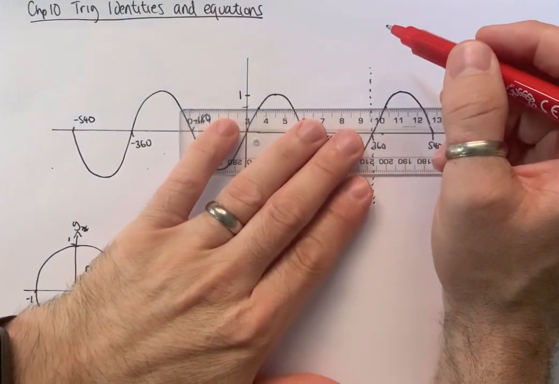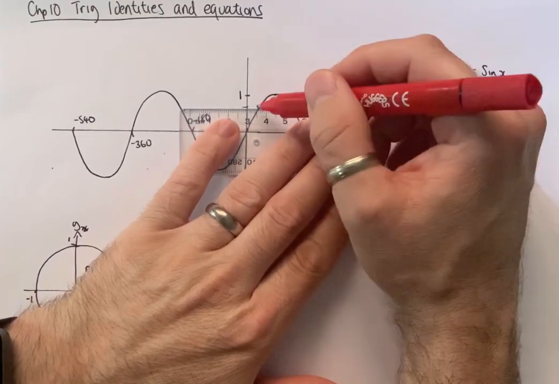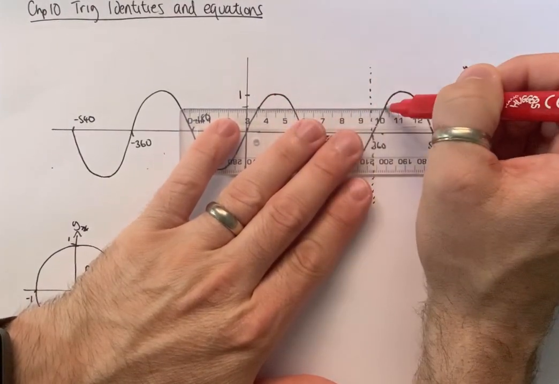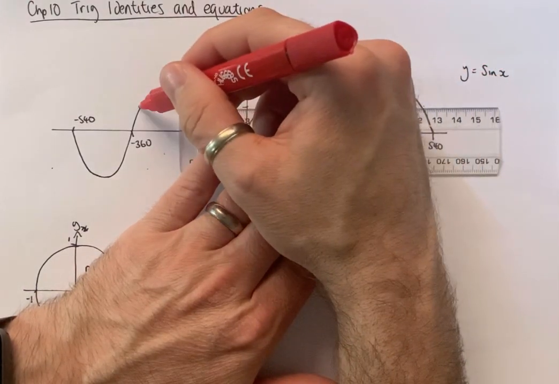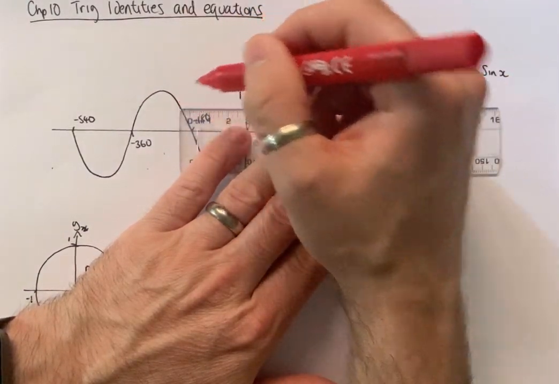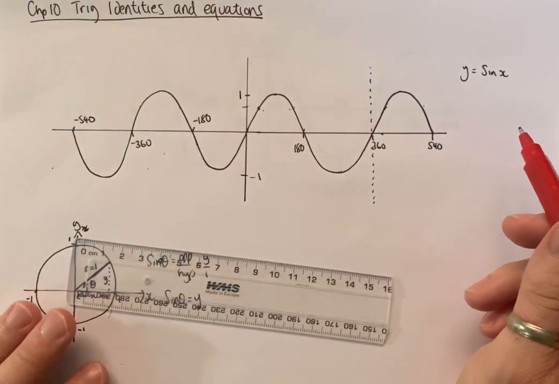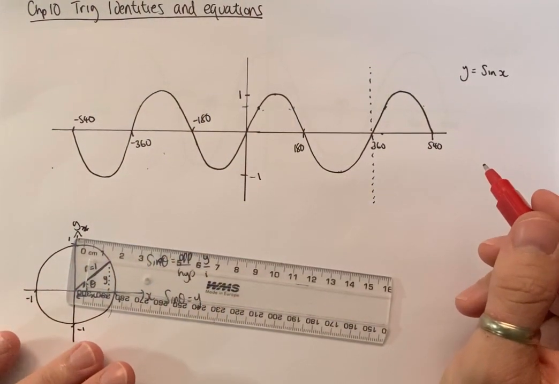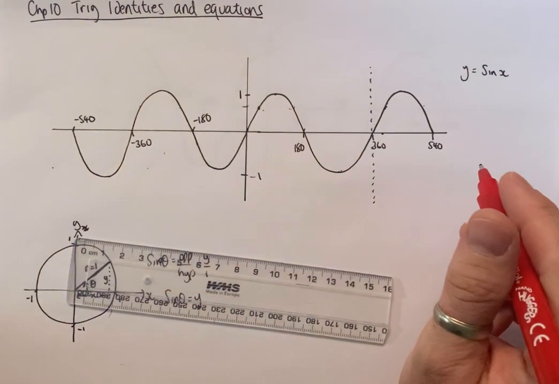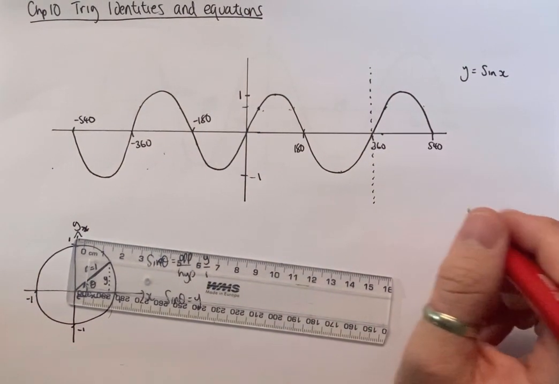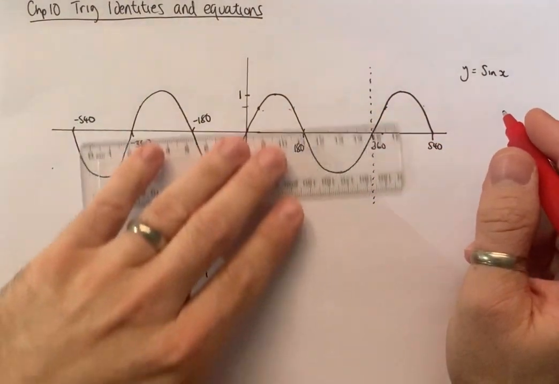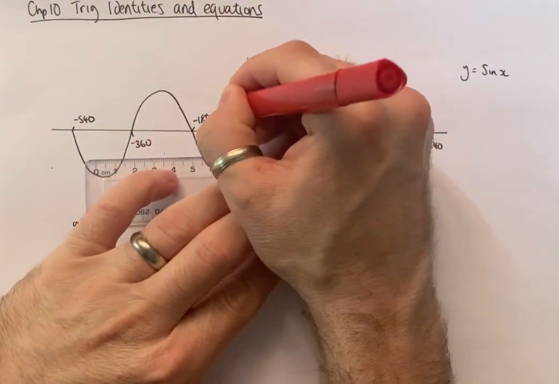So say this value here, say it's 0.7, I'm going to get these two angles, add 360 here, add 360 here, take 360 here, take 360 here, and you keep adding multiples of 360 to get all the values that work.